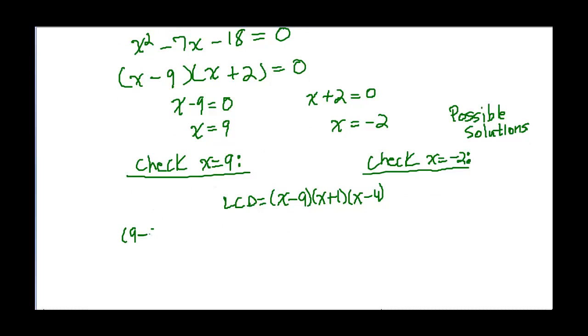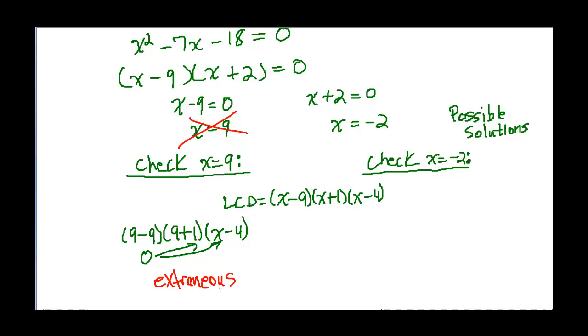I get (9 − 9) times (9 + 1) times (9 − 4), right? This is a 0. Well, 0 times anything, I don't even care what each of these things are. When I multiply by 0, I'm still going to have 0. That means x equals 9 is not my solution, all right? It was a possible solution, but it is now extraneous.